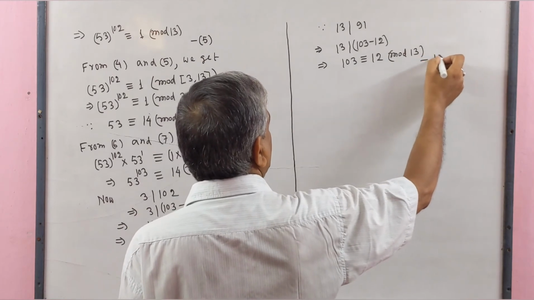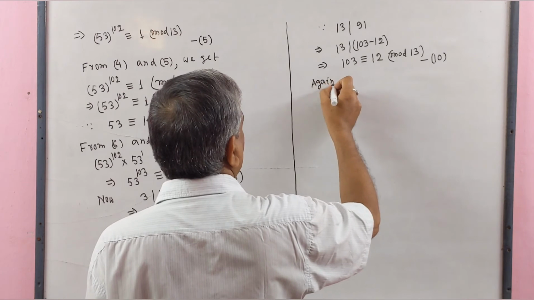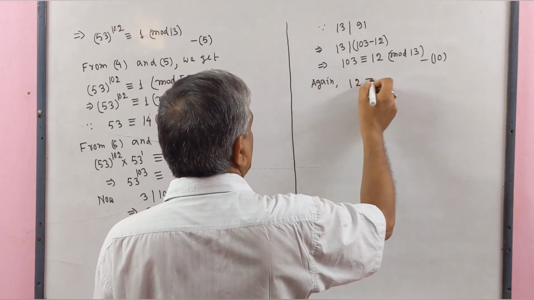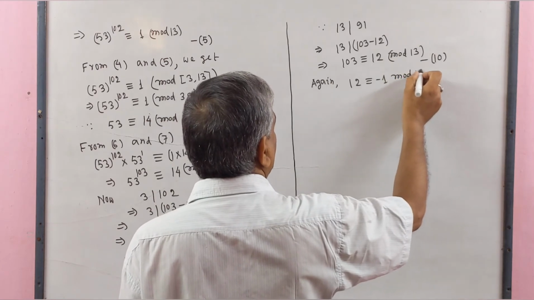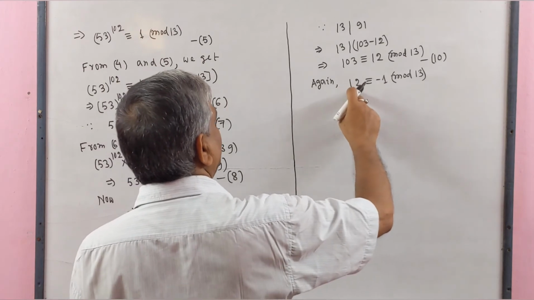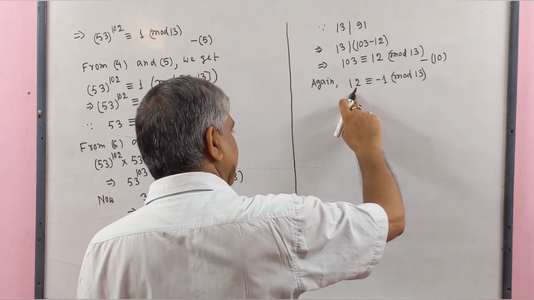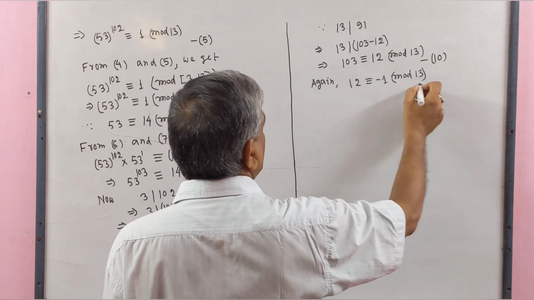This is number 10. Again, 12 is congruent to minus 1 modulo 13, since 12 minus minus 1, which equals 13, is divisible by 13. This is number 11.